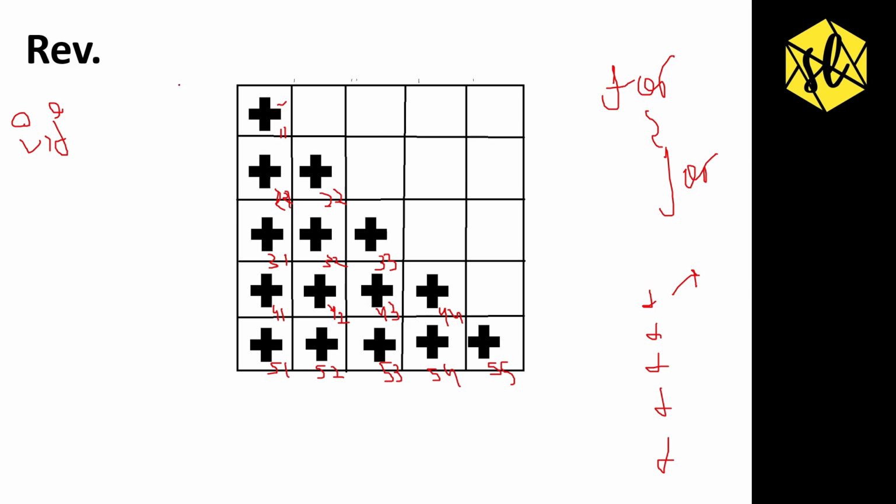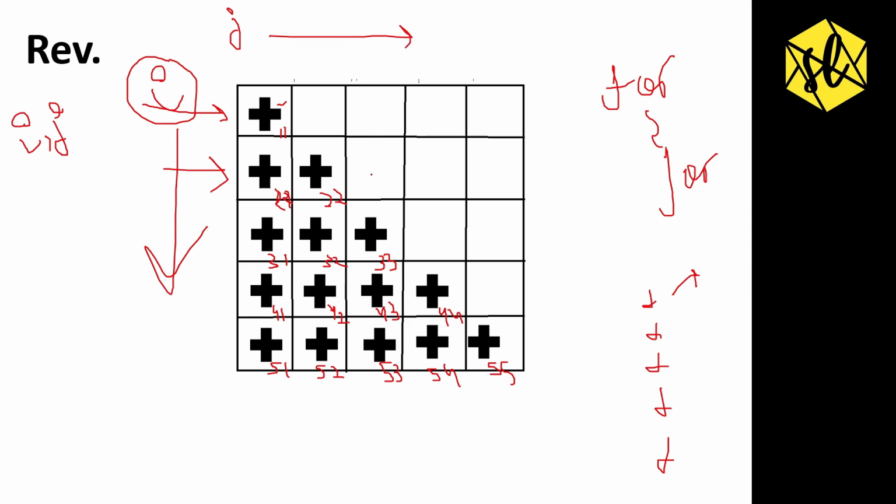Also, we have to imagine that each line is represented by a value of i. So let us say here i and here j. In the program, first the loop of i occurs, that is, the upper loop is the i loop, and inside that there is a for loop. So we can say that for each single iteration of the i loop there is a complete run of the j loop.